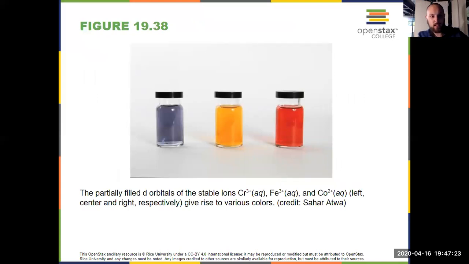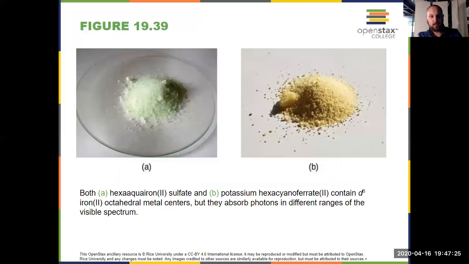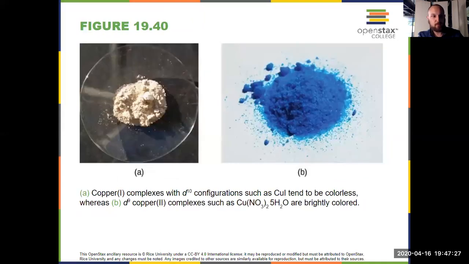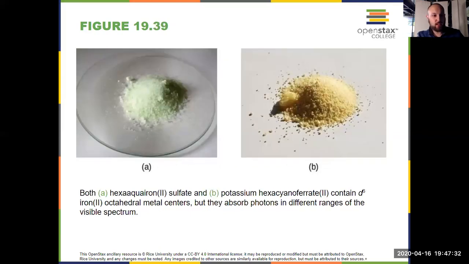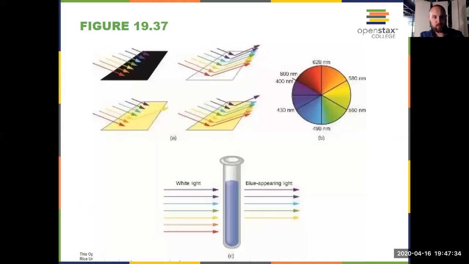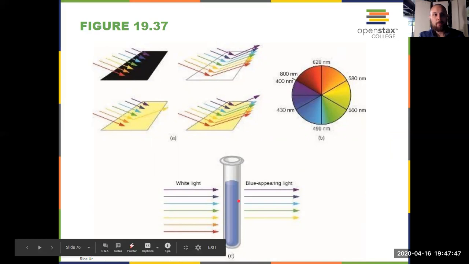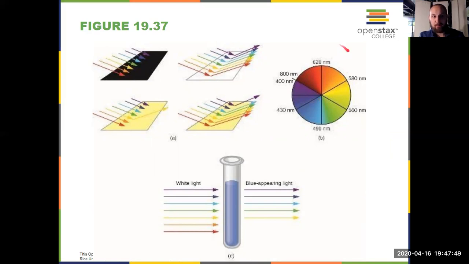But what's the takeaway that I want you to have here? If something, here there's a whole bunch of colored complexes. What I'd like you to take away, though, hopefully you're already familiar with, is this idea of the color wheel. If something is appearing, let's take this one on the bottom, if it's appearing blue, that's because it's absorbing the opposite.